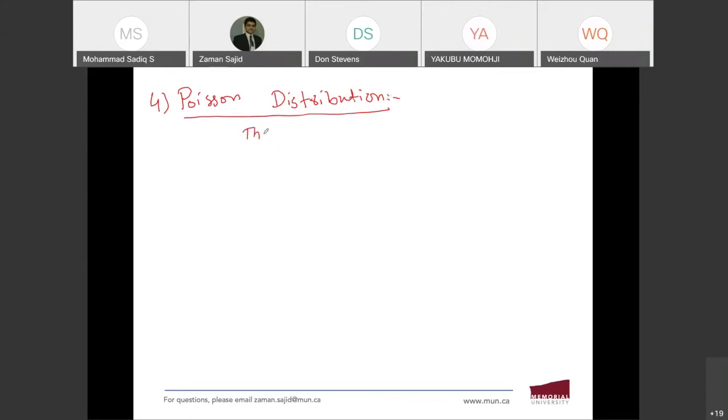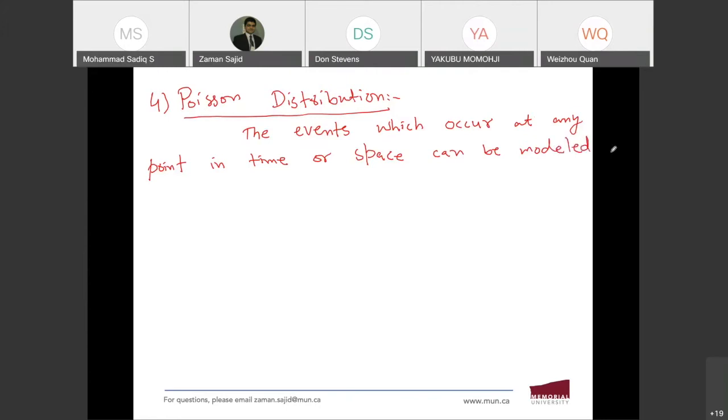The events which occur at any point in time or space can be modeled using Poisson distribution.